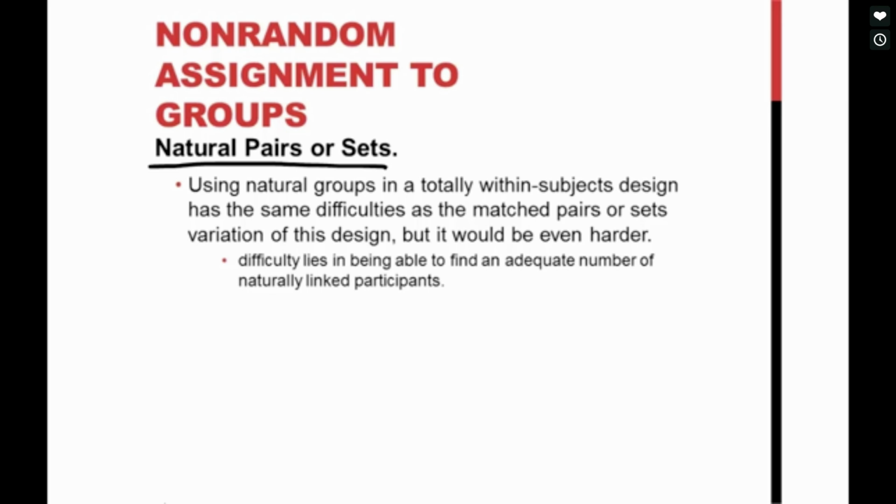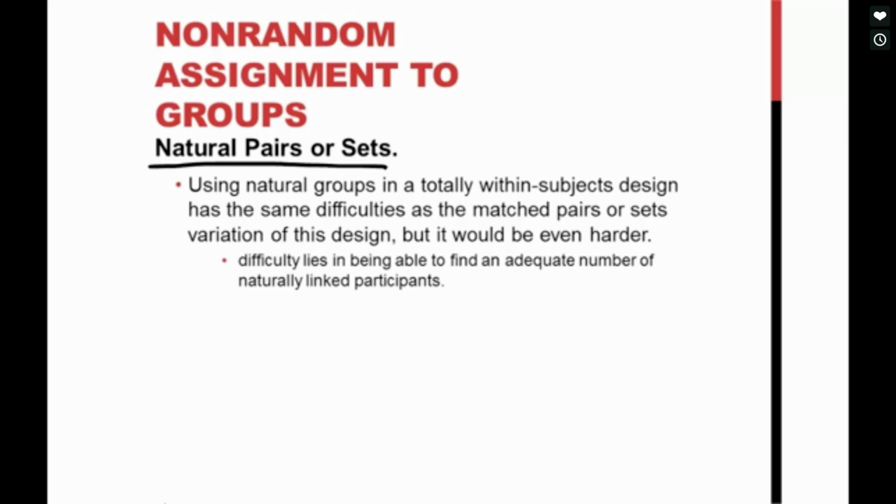Now you may be thinking, well, that's two different people, so that's a between subjects design. But if what we're trying to control for is something like genetic diversity, putting one twin in each group would allow them to experience different conditions, but would also keep the genetic diversity low because they would have almost identical genetic background.